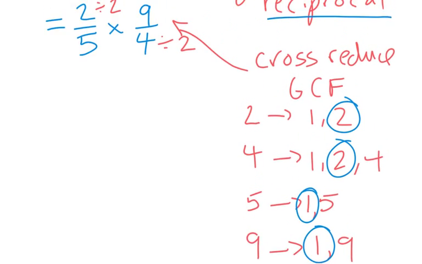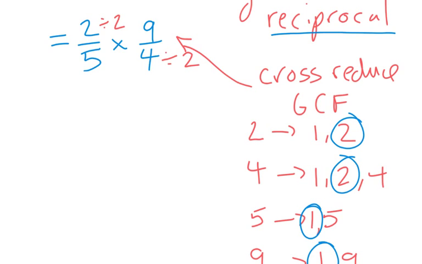We're going to go all the way back up here, and we're actually going to divide 5 by 1 and 9 by 1. And this step is redundant as anything divided by 1 remains the same, but I'm just going to write my work in anyways. So 2 divided by 2 is 1, 5 divided by 1 is 5, 9 divided by 1 is 9, and 4 divided by 2 is 2.